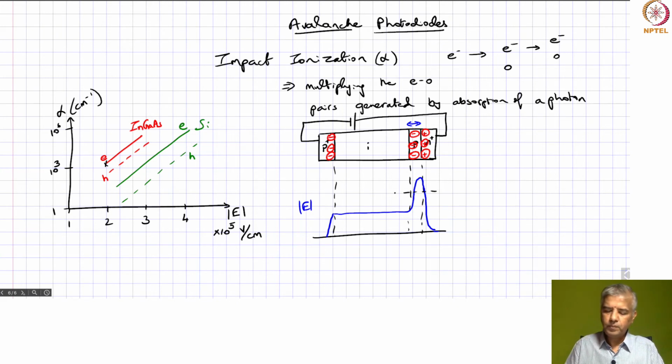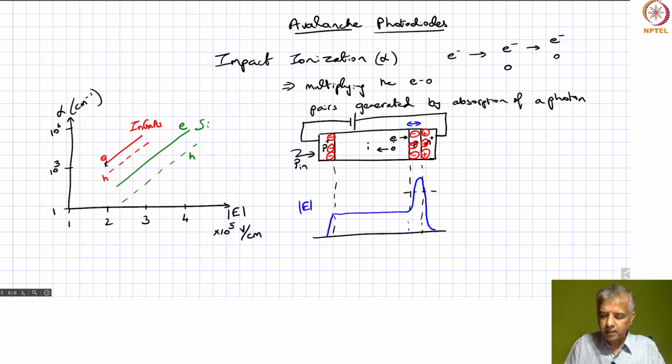Essentially, like before, we have this incoming light, and that's getting absorbed all along the I region, and because of that you generate an electron-hole pair. The electron moves this way, the hole moves this way.